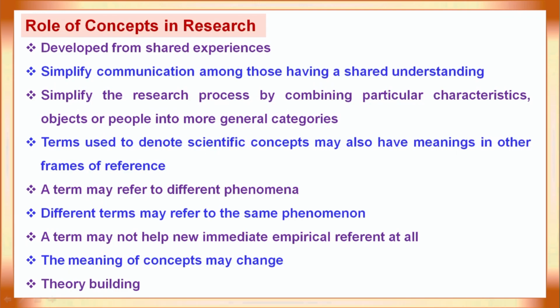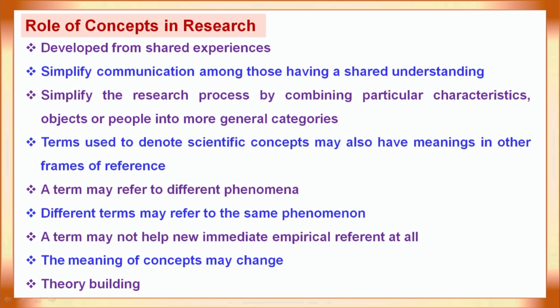Those terms have almost similar meaning, you cannot differentiate between them. Also, some terms we use for concept making may not have an immediate empirical referent at all. Most concepts in science are derived from Latin or Greek languages, which may not have equivalent meaning in present languages.